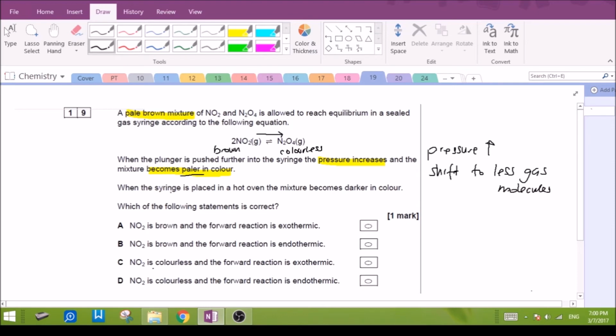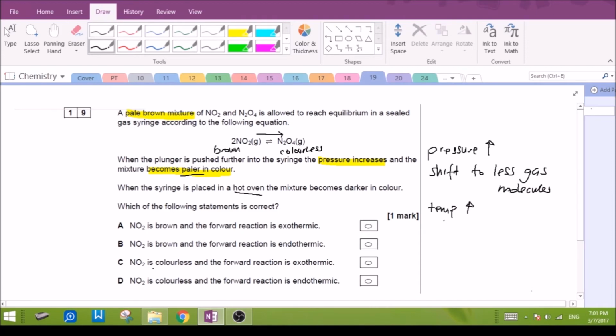Second information, when the syringe is placed in a hot oven, the mixture becomes darker. Placing in the hot oven is essentially raising the temperature, so temperature increases.